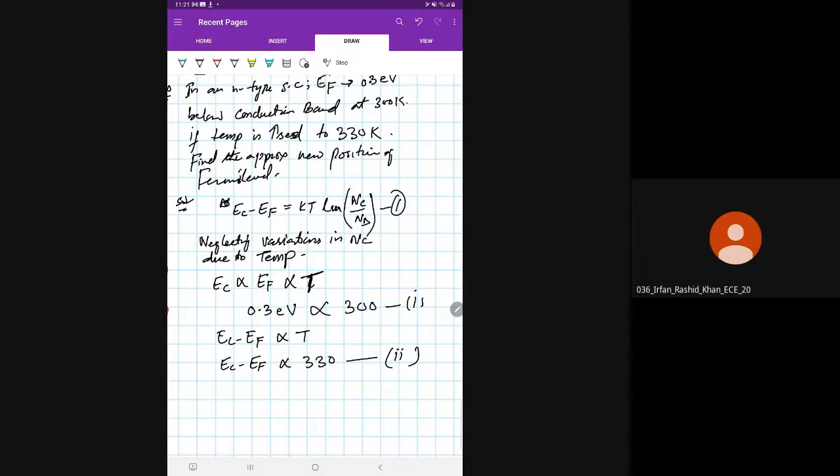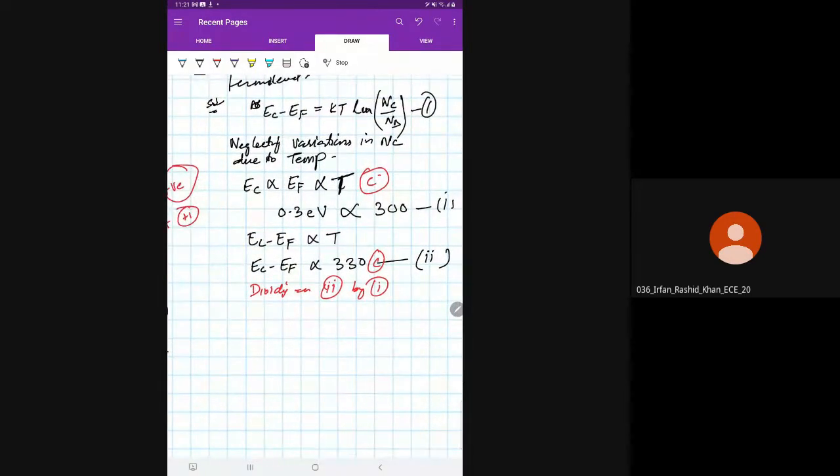Now see, we have two different equations, and in the first equation we have some constant, and in the second equation we will have a similar constant also. So we can divide equation 2 by equation 1. This is an approximate way of calculating by neglecting certain variations.